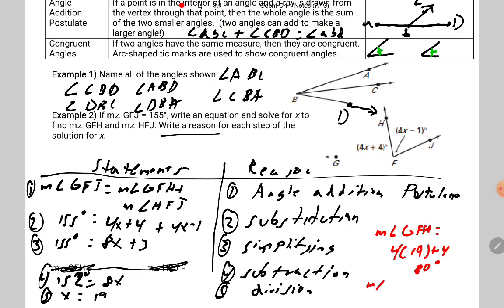And then the measure of angle HFJ is equal to, what is it, 4x minus 1? So 75.